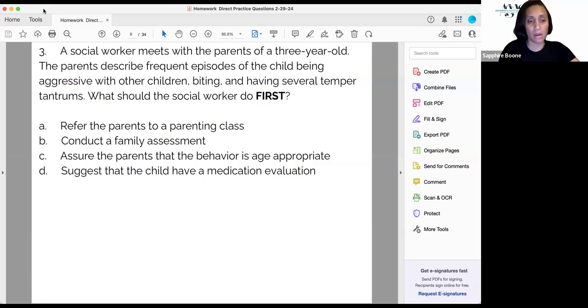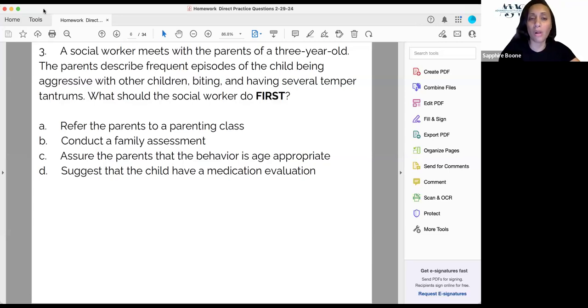I saw someone say also get rid of C, because even though there are some behaviors that are normal for a 3-year-old, frequent episodes of being aggressive, biting, and having several temper tantrums, all of those together, like maybe if it was just temper tantrums, you'd be like, okay, that's a 3-year-old.